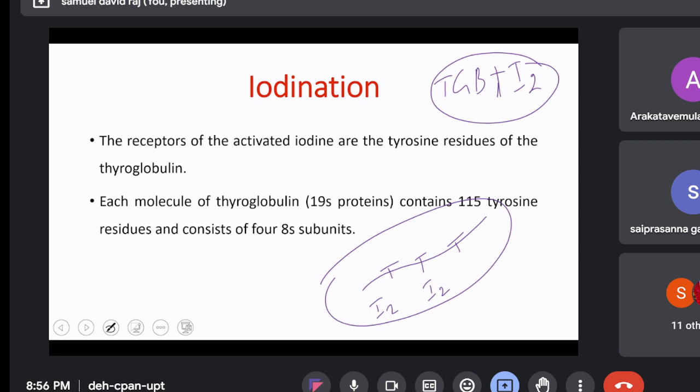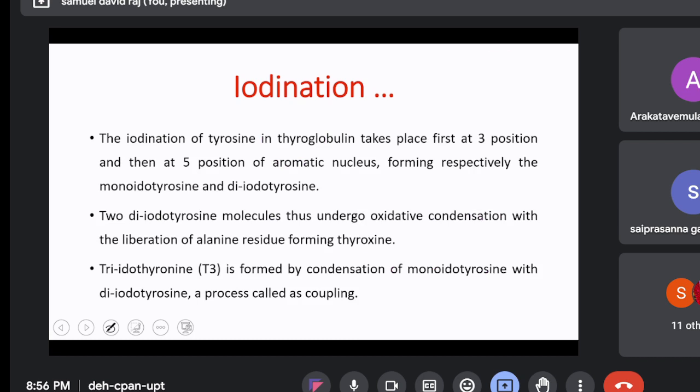Next, the activated iodine searches for the tyrosine where it gets attached, and mono- and diiodotyrosines are produced. This process is called iodination.